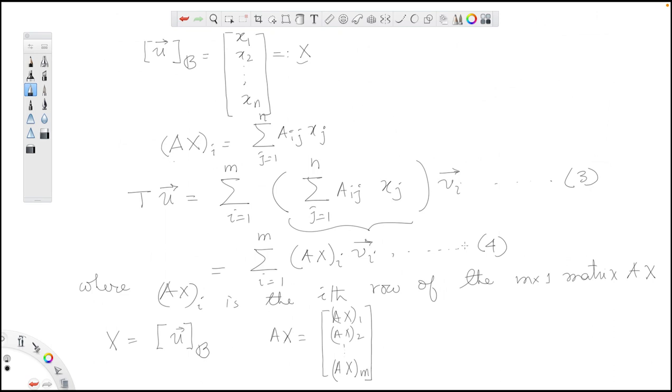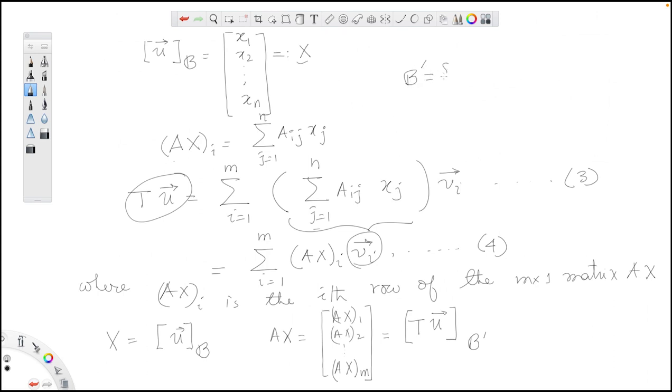And from 4 we see that this is nothing but the coordinate matrix of the vector Tu relative to this basis B prime, right?